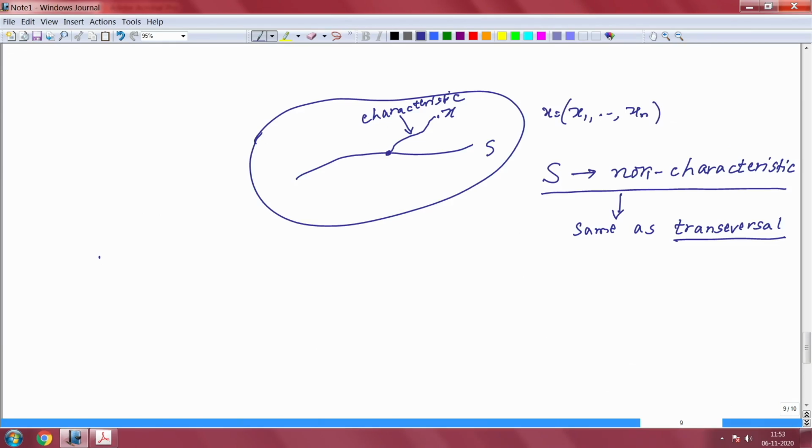Again, let me just start with the linear case. So, this will come one by one. So, again let S be described by the functions h1, h2, hn, we saw that. Okay. Just remember that.